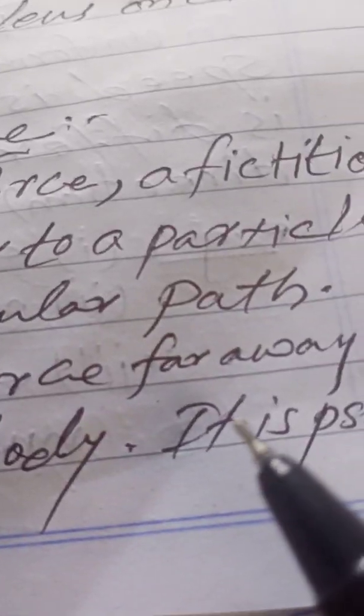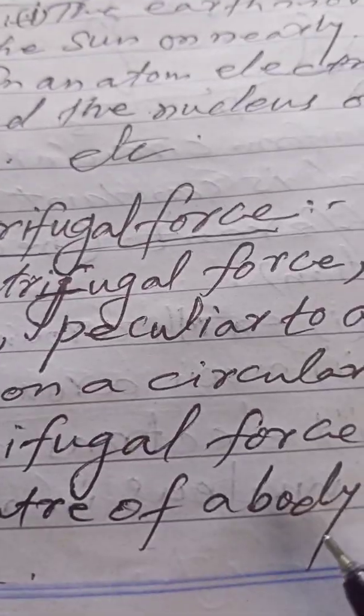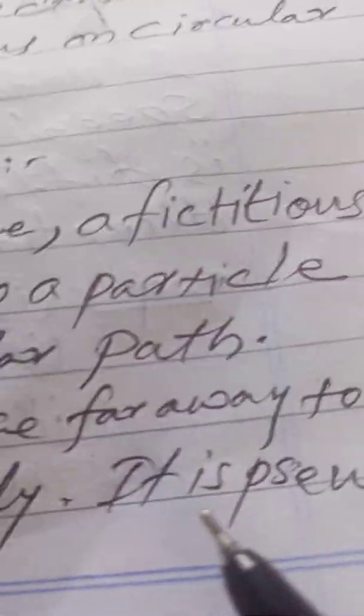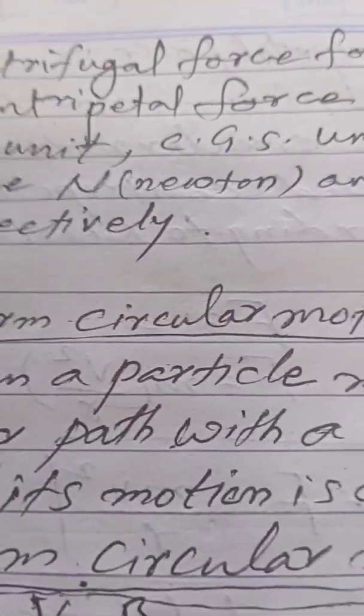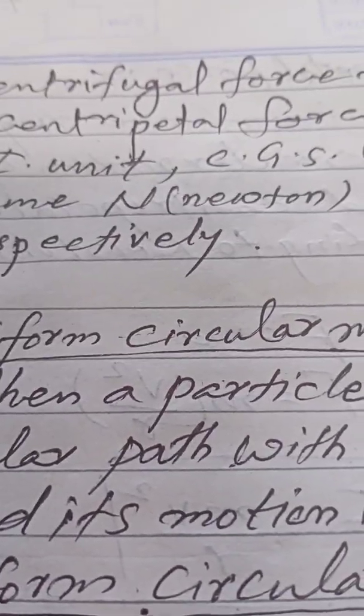Centrifugal force acts away from the center of the body; it is a pseudo force, not a real force. For centrifugal force and centripetal force, the formula is the same, and the SI unit and CGS unit are the same, Newton and dyne respectively.